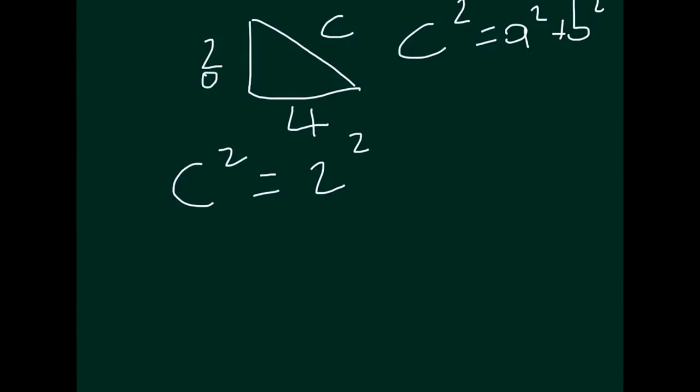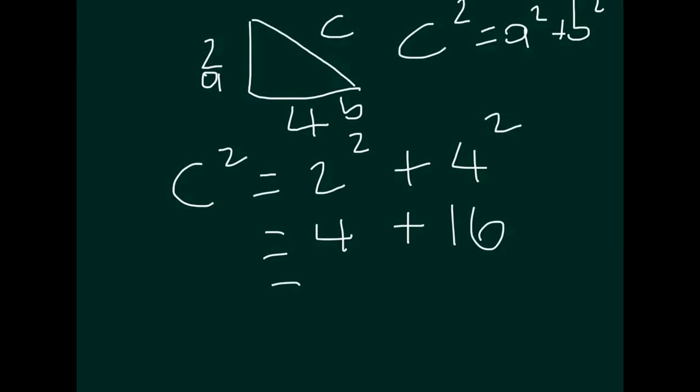Here is A, remember, this side is A, this leg is B. So it's 2 squared plus 4 squared, right? Which gives us 2 squared is what? Exactly, 4. Plus 4 squared, which is what? And don't say 8. 16, right? So then we add it. 16 plus 4? 20. Good.